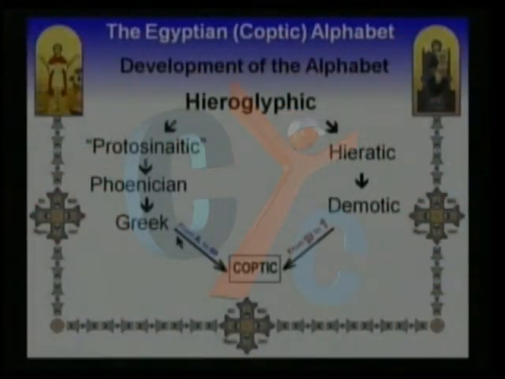If we would like to see the origin of this, we can see that this is the Coptic alphabet, 26 letters from the Greek and 7 from the Demotic.